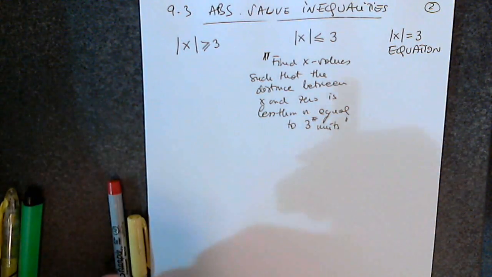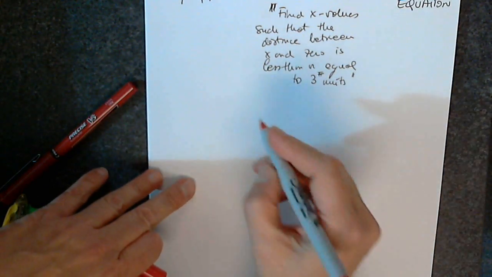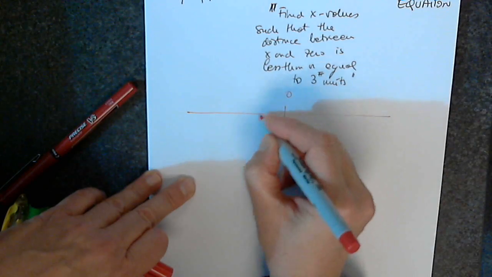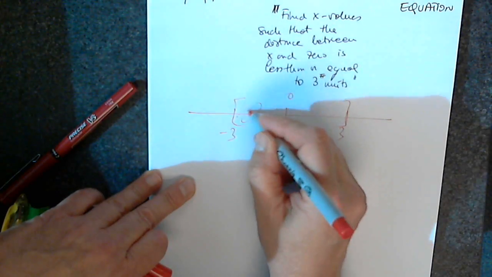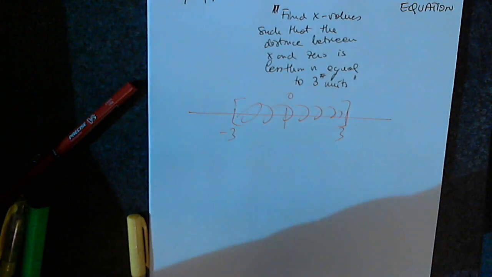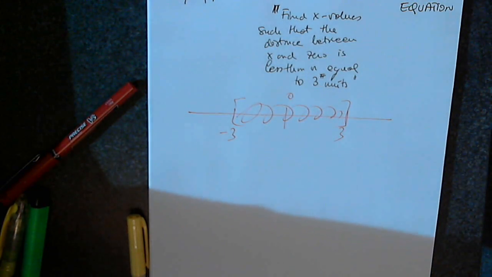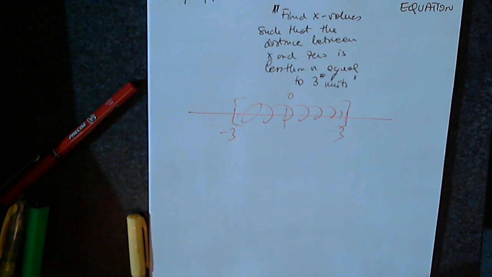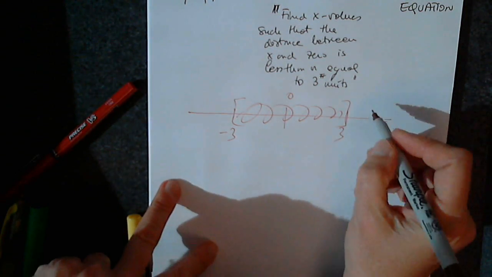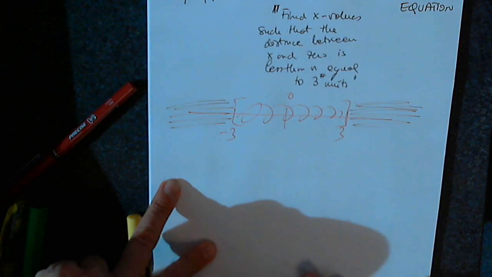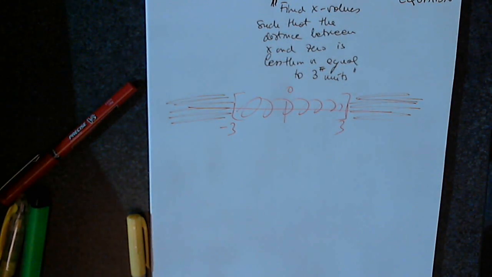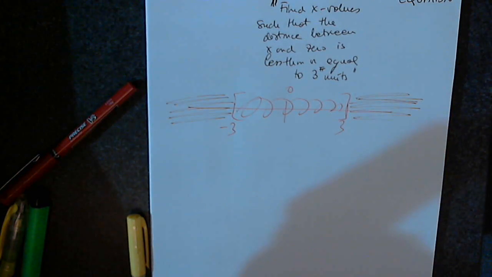So two options. Option number 1 will be this, where I will find numbers whose distance from 0 is less than 3 units, or this, where I will find numbers whose distance from 0 is 3 units or less?